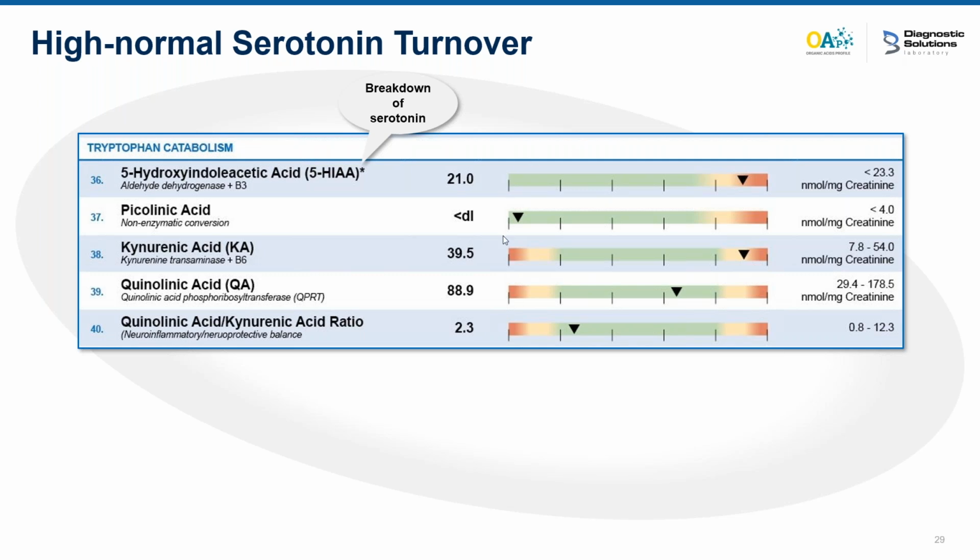But I do want to take a moment to reflect on this: the organic acids test helps you assess your patient's dopamine, norepinephrine, epinephrine, and serotonin. And quinolinic acid, number 39 here, is a marker of neuroinflammation. This is very valuable information for any patient that is depressed, anxious, or has insomnia.